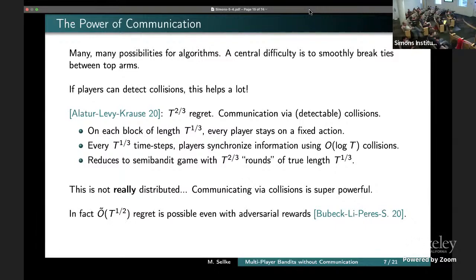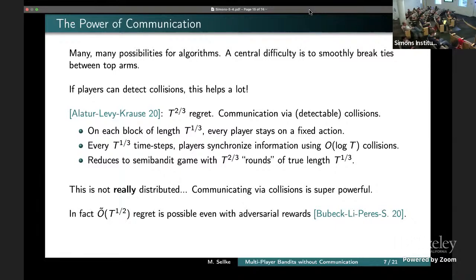Out of curiosity, because I lost it, at the end of the day, what is not communication, but we have detectable collisions? How do we learn that we have detectable collisions since we do not communicate? You say that we do not communicate, but on the other hand, we have the ability to detect collisions. So who tells us that?